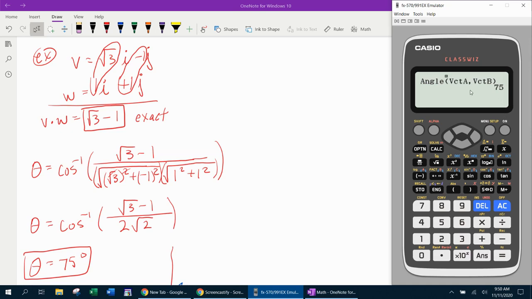So that's me showing you that if you have the Casio ClassWiz, you can use it to do the dot product and the angle between two vectors. Remember, it won't necessarily give you the exact answer, but it will verify your results. And then if you need to go back to regular calculation, you just hit menu and number 1, and you're back to the regular mode.